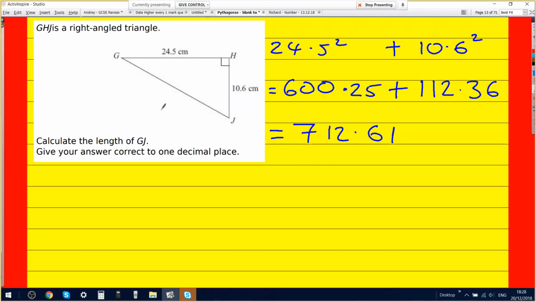Okay, and so is this length 712.61? No, you have to... Do you half it then? Half isn't the opposite of squared. Square root of it. Yes, square root your answer.